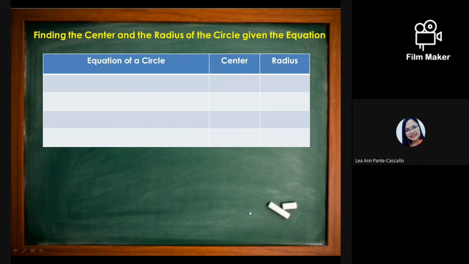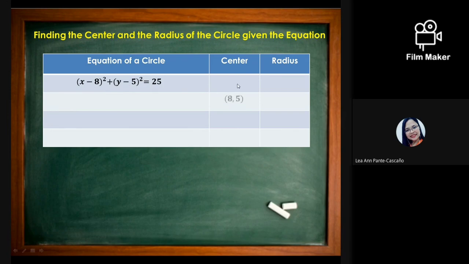Let's have next, finding the center and the radius of the circle given the equation. We are given the equation x minus 8 squared plus y minus 5 squared equal to 25. This is the easiest. Just get the center. If it is negative here, in the center it becomes positive.